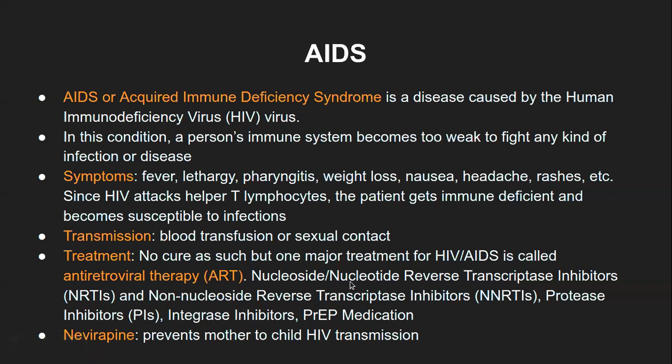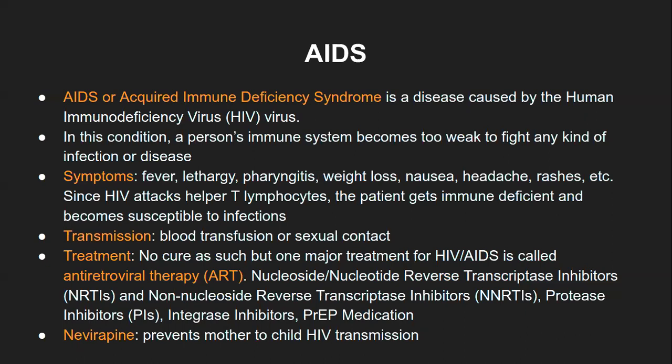But these drugs, which are called nucleoside reverse transcriptase inhibitors, prevent the transcription process of the virus. They are called NRTIs, or nucleoside analogs. These are like nucleosides, which have a nitrogenous base and a sugar molecule, and with the phosphate, that is a nucleotide. Without phosphate, it is a nucleoside.